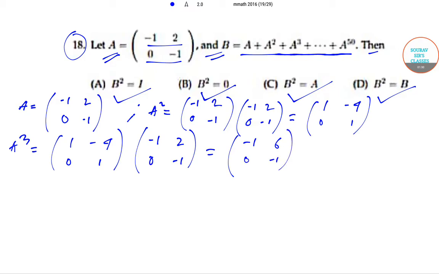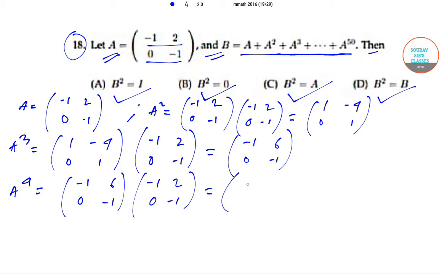Now A4 will be equal to [-1, 6; 0, -1] into A, which is [-1, 2; 0, -1]. This will be equal to [1, -8; 0, 1].